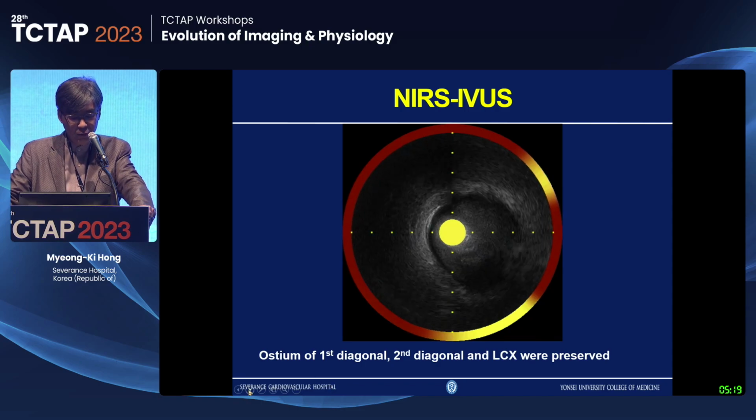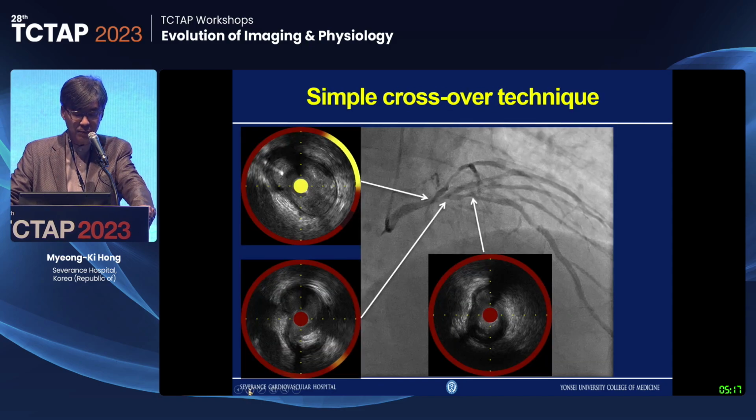And the middle LAD portion was the narrowing. This portion is not quite narrowed. When you look at the IVUS image, the ostium of the second diagonal branch, first diagonal branch, and the circ was preserved.